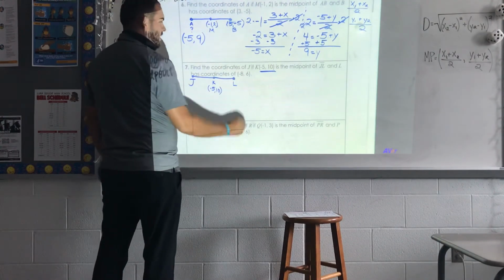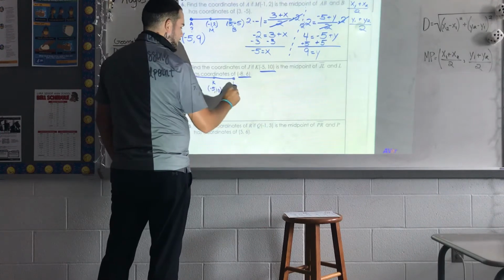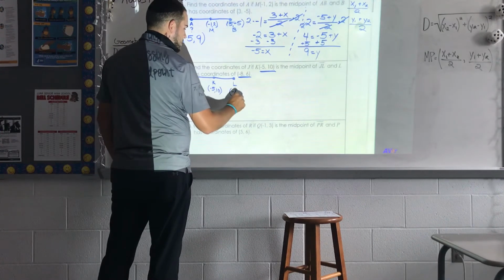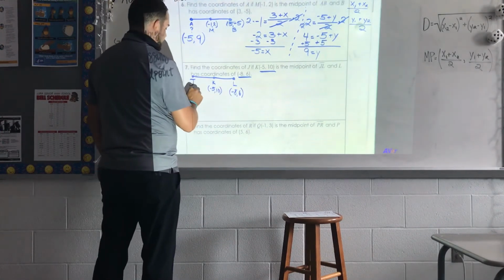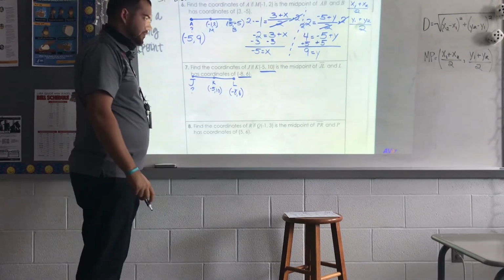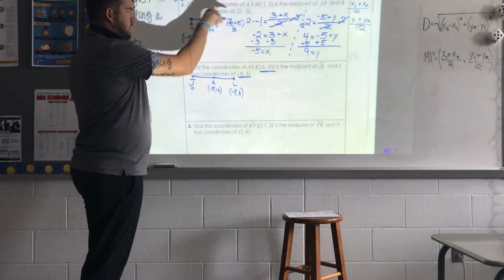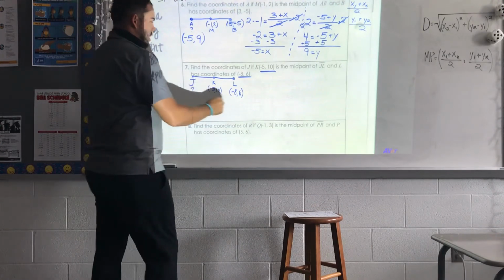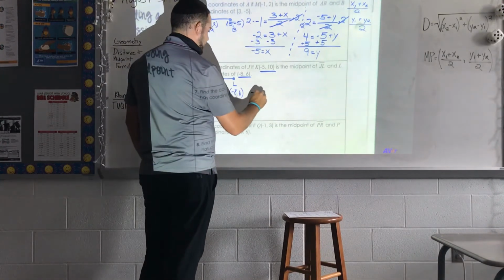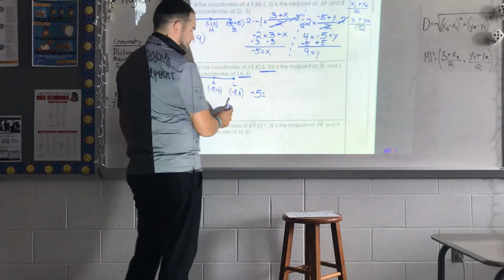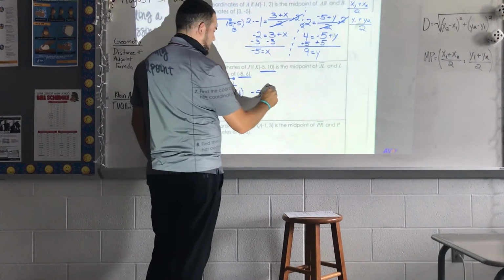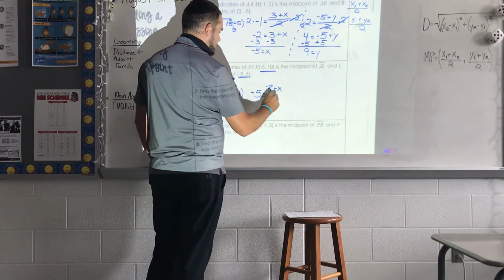And we know that L is (-8, 6). We need to find the coordinates of J. So we'll go back and do just like we did up here. Our x value of the midpoint is -5 equals -8, which is our x value here, plus x, divided by 2.